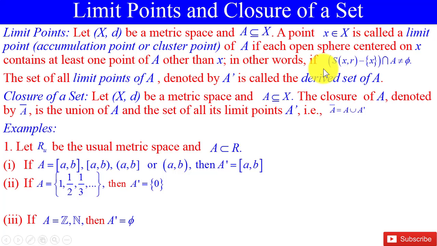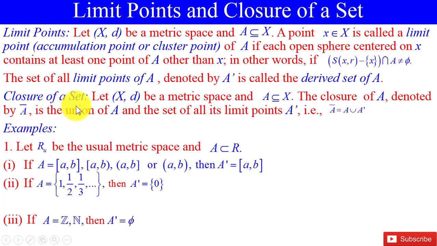In other words, if the open sphere S(x, r) minus the singleton set {x}, intersection A, is non-empty. The set of all limit points of A, denoted by A dash, is called the derived set of A.